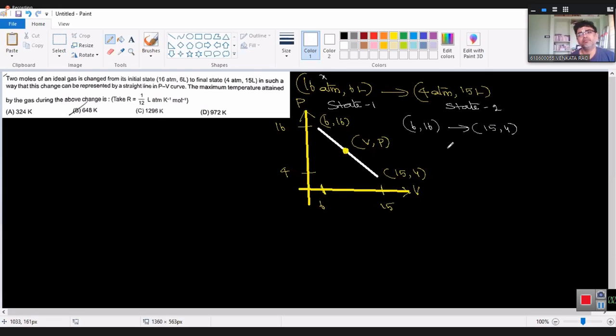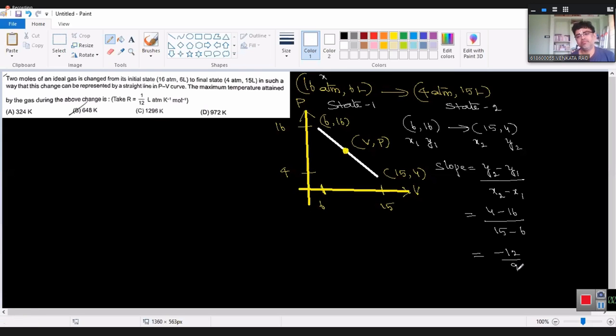Correct? Yes, sir. Now this will be x1, y1 and this is x2, y2. Slope of the line is equal to y2 minus y1 by x2 minus x1. Now y2 minus y1 is 4 minus 16 divided by 15 minus 6. This is minus 12 divided by 9, or I can say minus 4 by 3. That is the slope of the line.